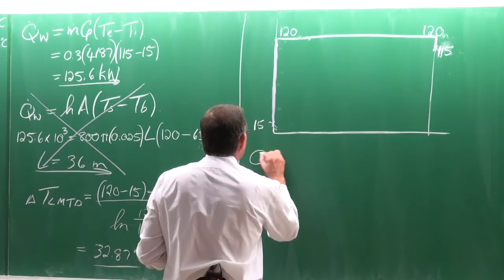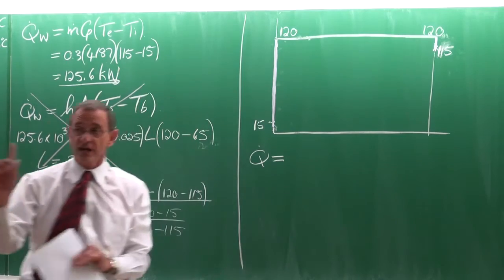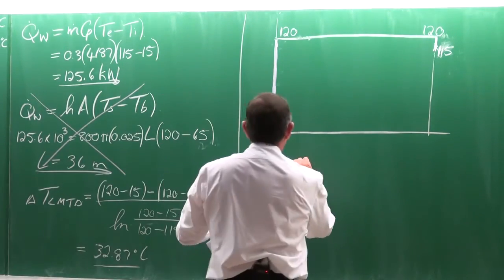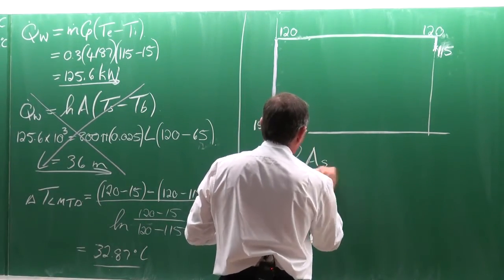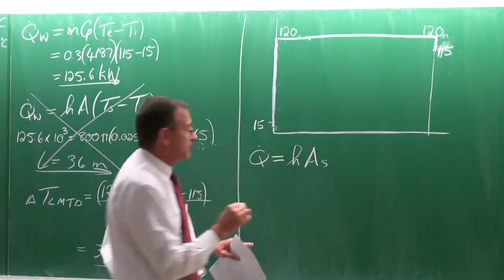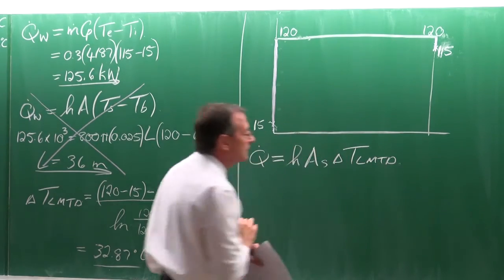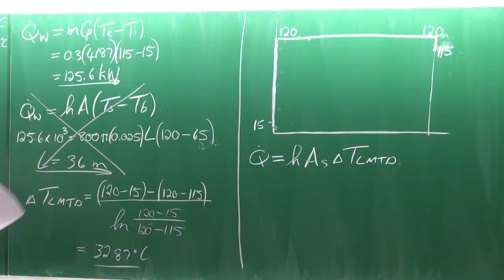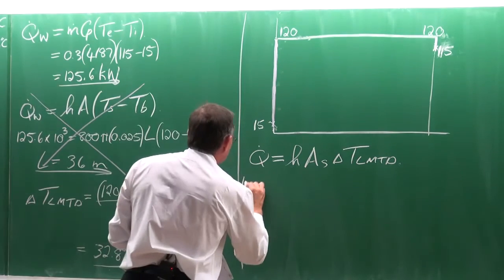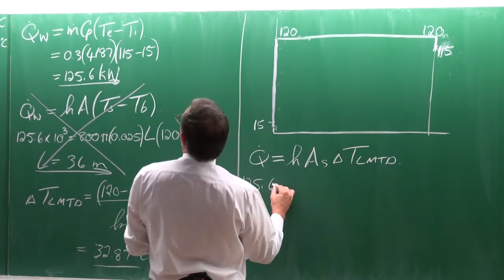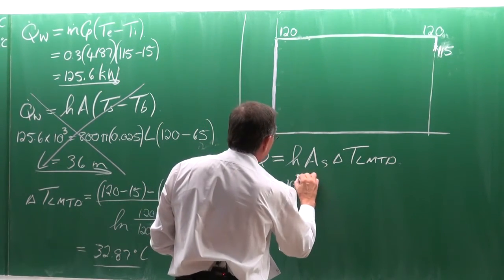If we now redo the calculation the correct way, then the heat transfer rate is equal to the heat transfer coefficient multiplied by the surface area multiplied by the LMTD. The heat transfer rate we have determined is 125.6 kilowatts.